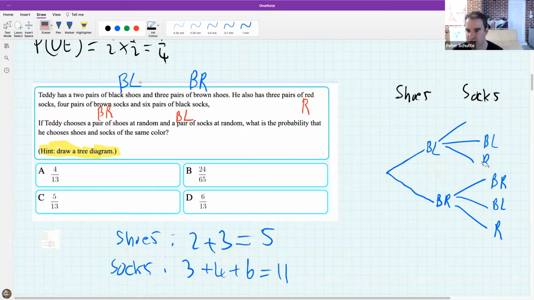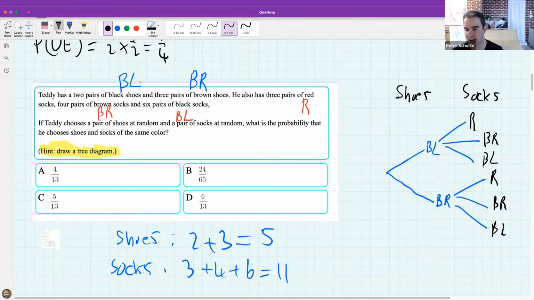You could have put red at the very beginning, because that comes up first. So red, brown, and what was the last one? Black.